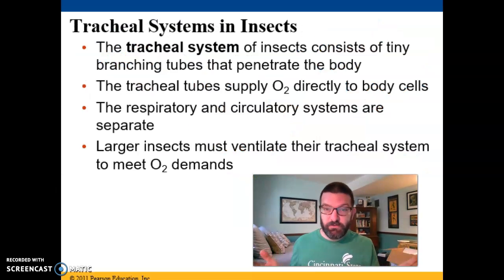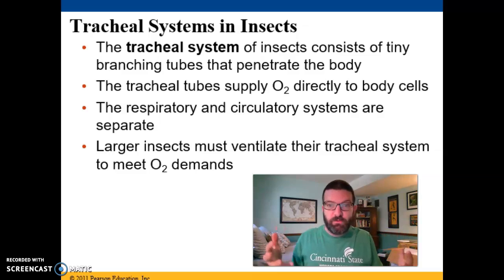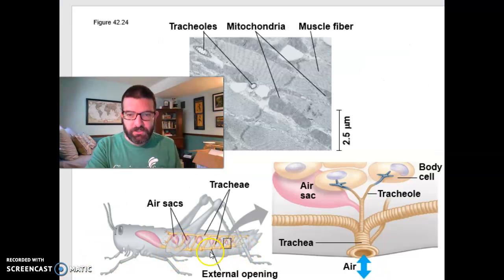Insects have an entirely different strategy, where they have these tracheal tubes that, instead of bringing all their blood to one spot and having an exchange with air in the one spot, bring the air all over their body through these tracheal tubes and supply this oxygen directly to the body cells. So you have all these holes on the outside, these external openings, which are actually called spiracles, and then they conduct the air in through these trachea tubes that branch and become smaller and go to individual body cells.